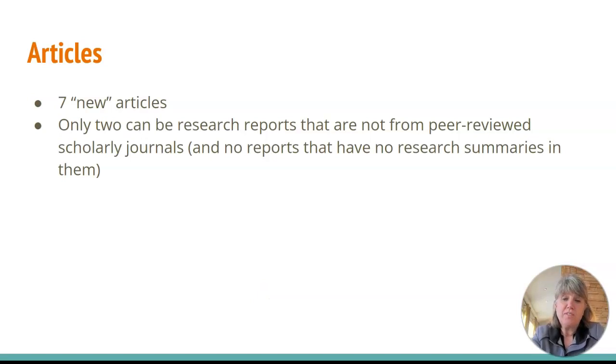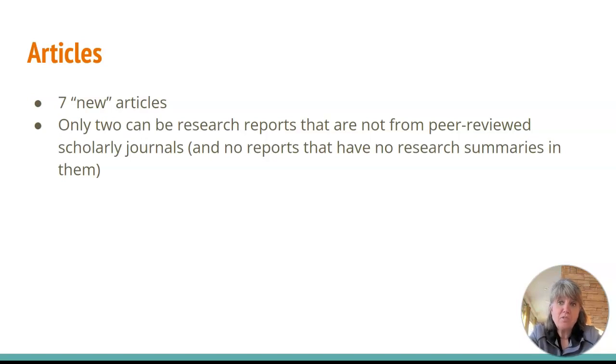Only 2 of those 7 can be research reports that are not from peer-reviewed scholarly journals. For example, 2 of them can be things like government reports of research, maybe research reviews, research that government did about schools, research that the IB organization did about its own schools or its own organization.